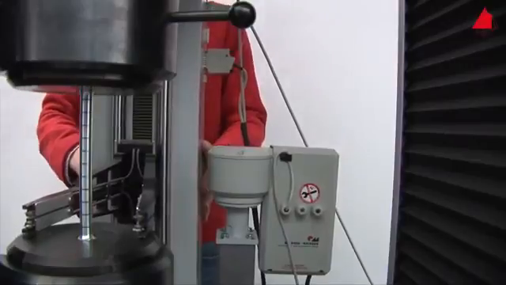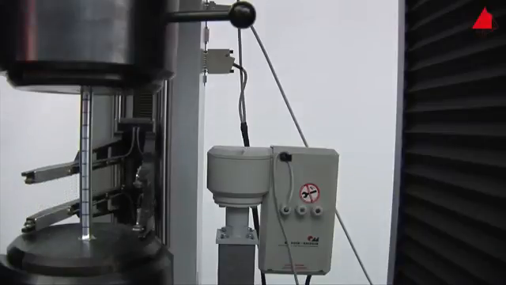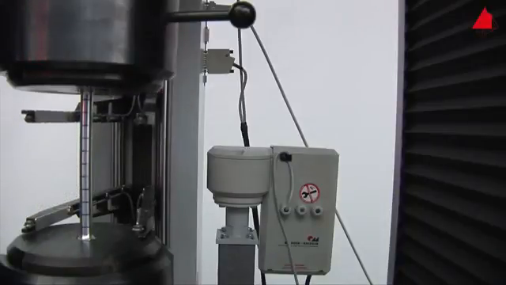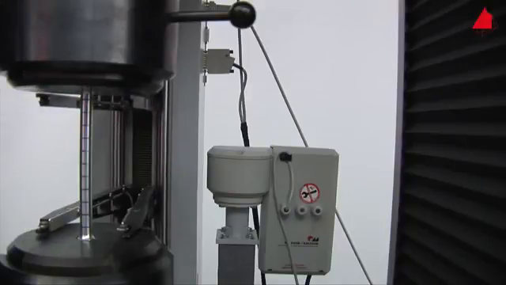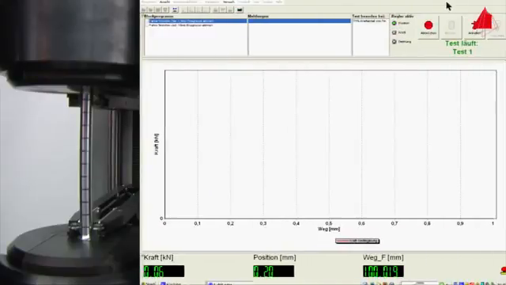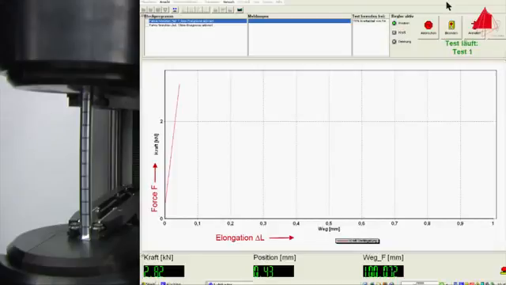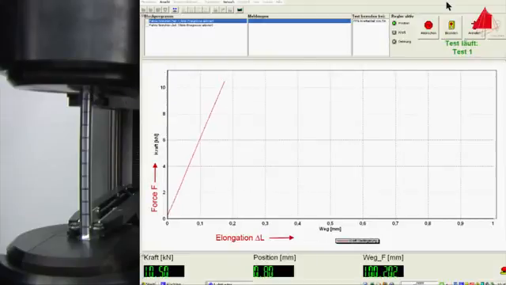After fitting the test piece into the testing machine and swinging the extensometer into its working position, the test can start. The initial linear curve in the force elongation diagram again shows the elastic behavior of the material.